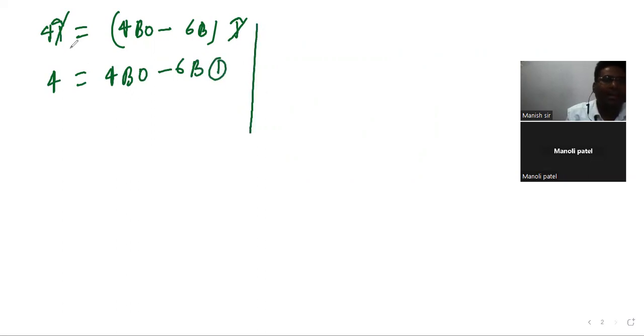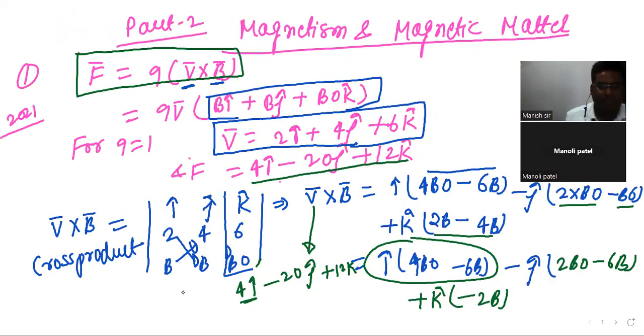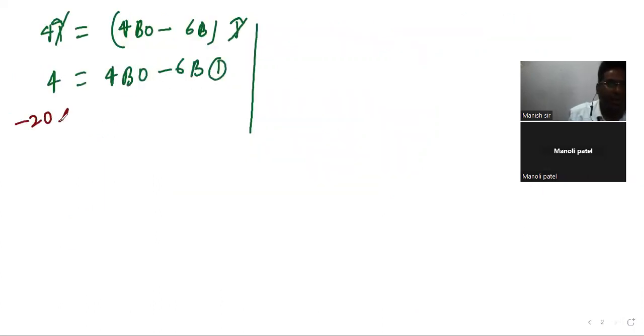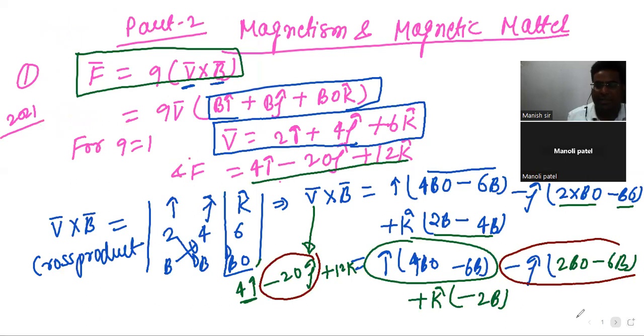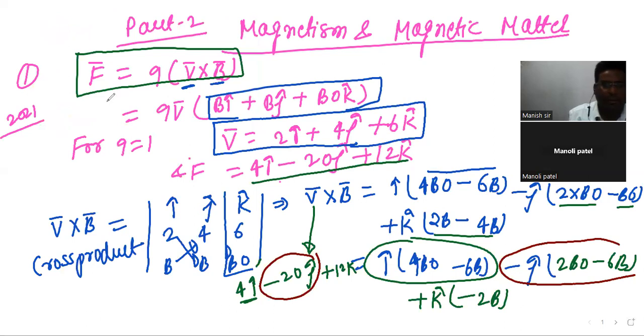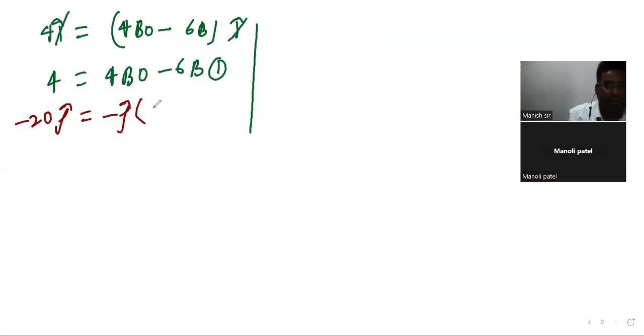Now compare the second component, the J component. So you can see this is minus 20J, and this should be equal to this quantity, right? So compare it. It will be minus 20J equal to minus J times 2B naught minus 6B, right?